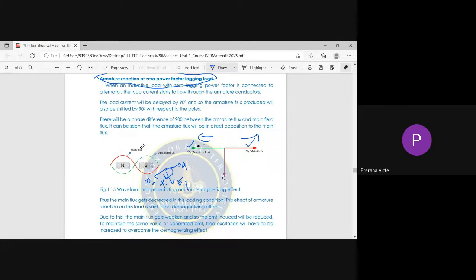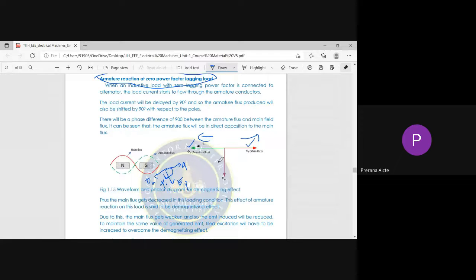Why over-excited? Because of the demagnetization effect, the generated voltage is reduced. To maintain the rated terminal voltage, we increase the field current, that is, the excitation of the field. So when the generator is connected to a pure inductive load, it operates under the over-excited condition.